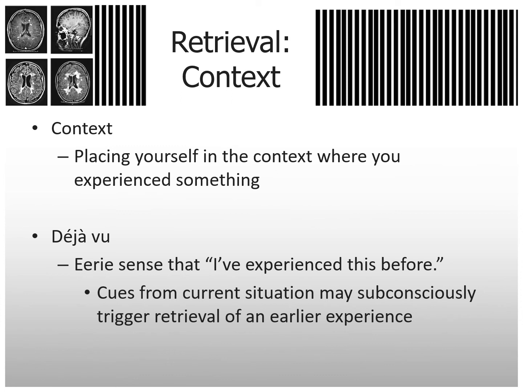Cues from current situations may subconsciously trigger retrieval of an earlier experience. And I argue with students every year that deja vu is not actually real. It's not like the movie. If anyone's seen the movie with Denzel Washington, a lot of times people say, "Oh, I dreamed this and then it really happened." No, it didn't. What happens is the misinformation effect, which we'll go into as well, is you get two similar memories confused.